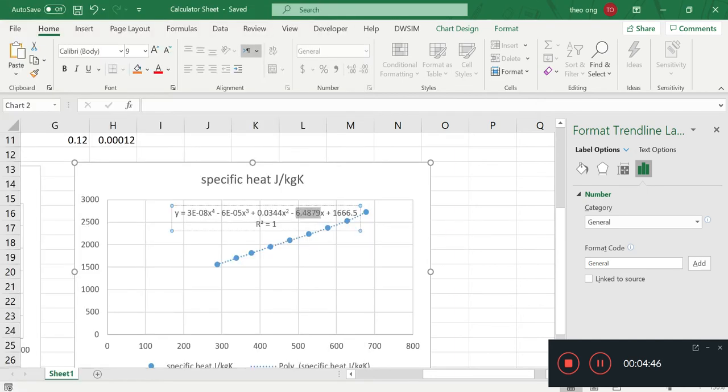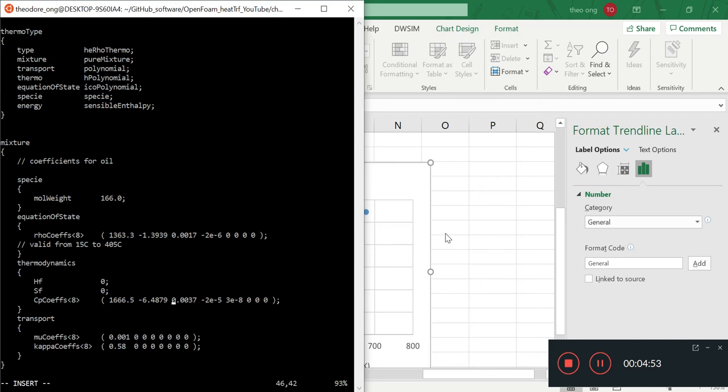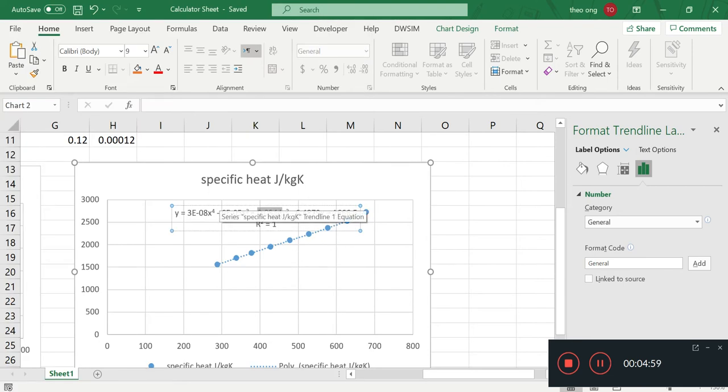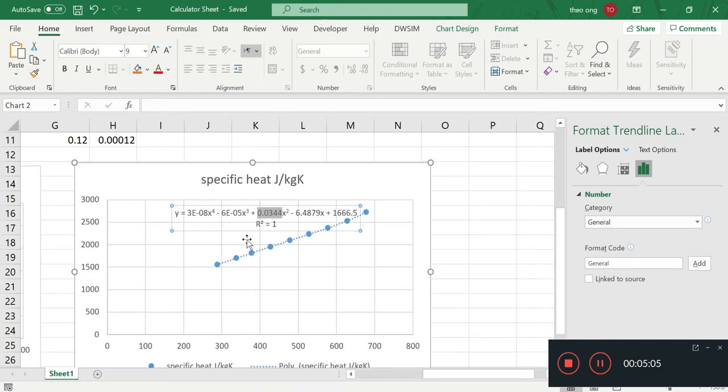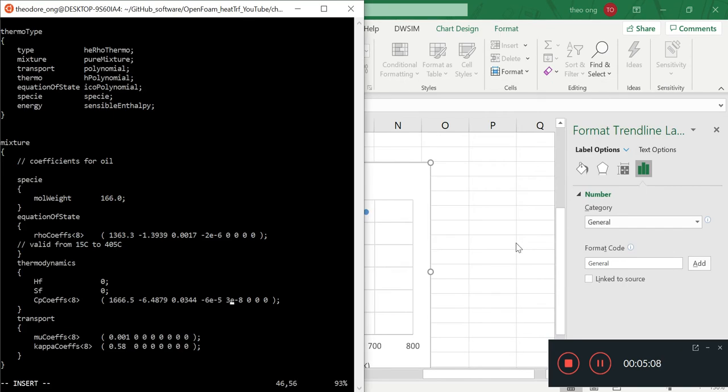Third is a plus 0.34. And next is minus 6 times 10 to the minus 5, so this one changed to 6. Last one is 3 times 10 to the 8, which is the same.